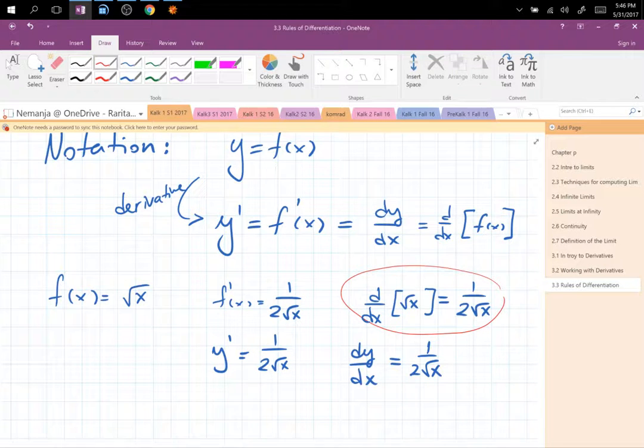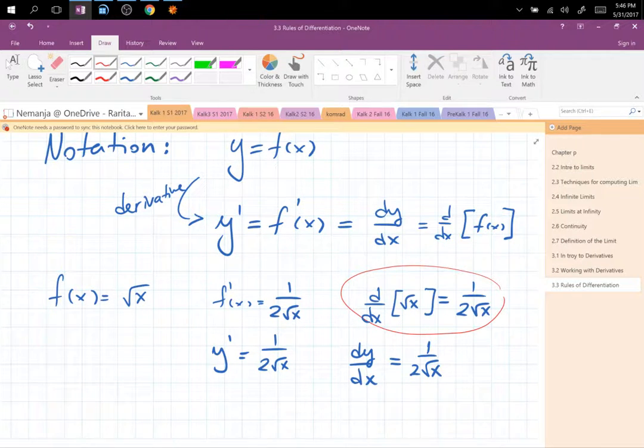So you have a choice now to write it in line. You are not saying that root x is the same as 1 over 2 root x. It's not. It's different. The derivative of root x is 1 over 2 root x. I hope you see that. Use that language to understand it.